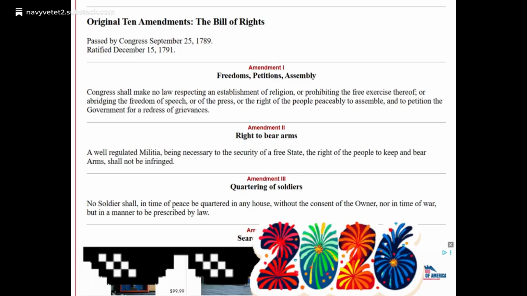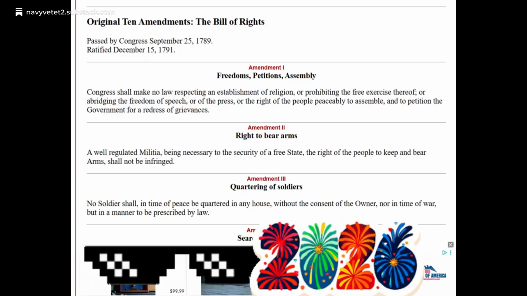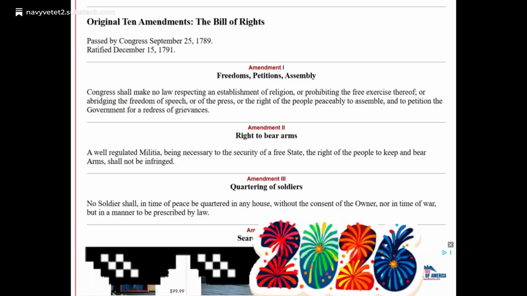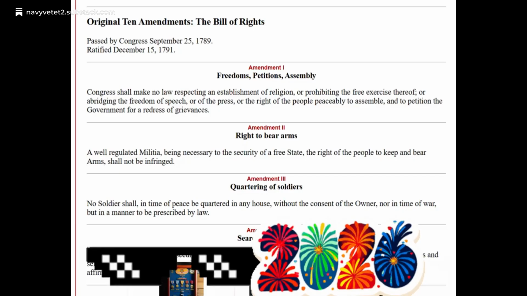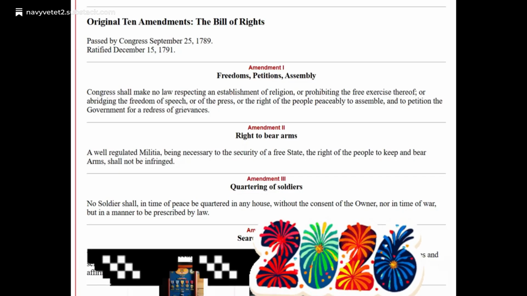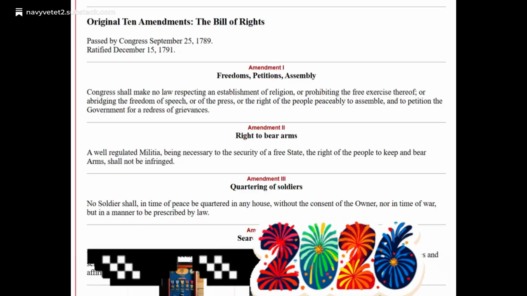Moreover, throughout the 19th century and into the 20th century, state governments enacted laws placing restrictions on speech, freedom of the press, and certain forms of public assembly.